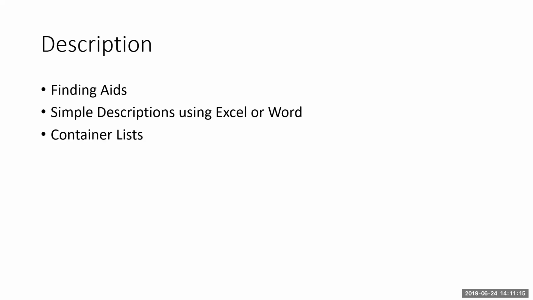If your folders are in file cabinets, as long as you have a location where it's like, this is file cabinet 1 and it is folder 5, I know exactly where to go, exactly where to find the information, and that's pretty much what you want with descriptions. You just want to describe generally the collection, and also make sure you know where the materials are.